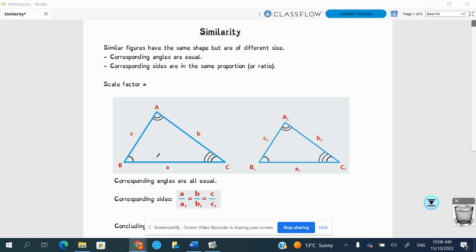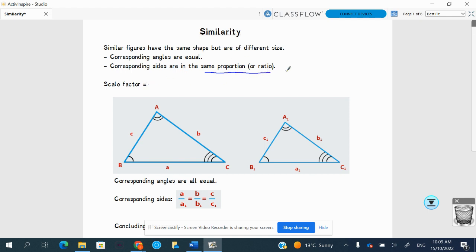As you can see here, all of the angles in these triangles are equal, indicated by the same number of lines. And the corresponding sides are not equal as they are in congruent figures, but they are within the same proportion or ratio.